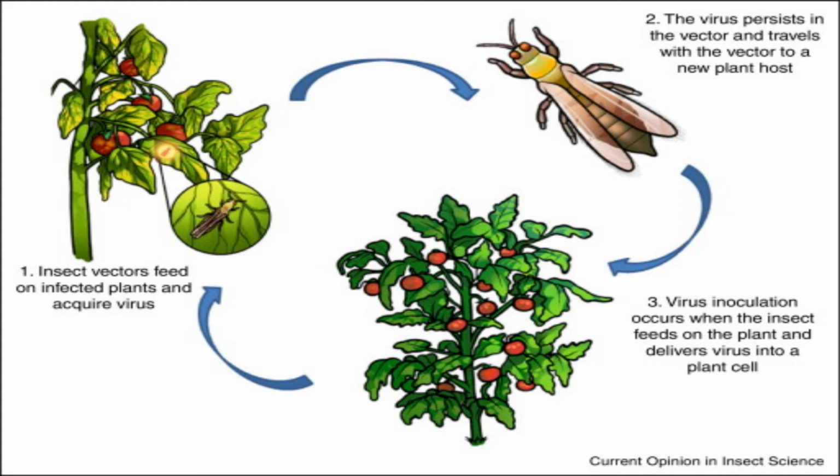A small number of viruses can be transmitted through pollen to the seeds, like barley stripe mosaic virus, while many that cause systemic infection accumulate in vegetatively propagated crops. The major vectors of plant viruses are insects, nematodes, plasmodiophorids, and mites.